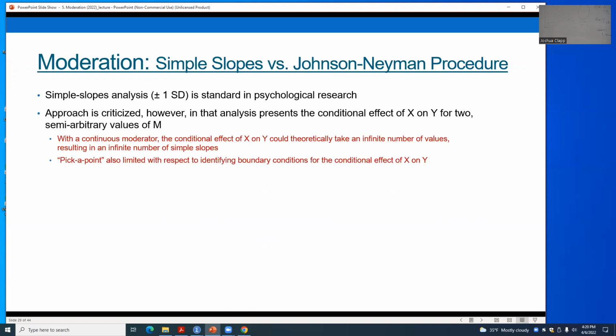Not just a standard deviation above and below. People call this a pick-a-point approach. So, okay, here's a standard deviation above or below, but it doesn't give us much information on at what point X and the outcome stop or start being related to one another, okay?